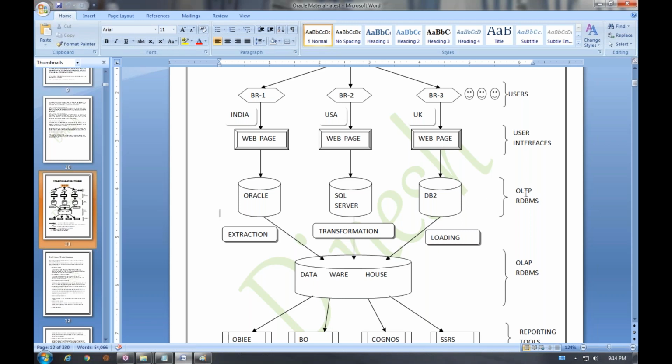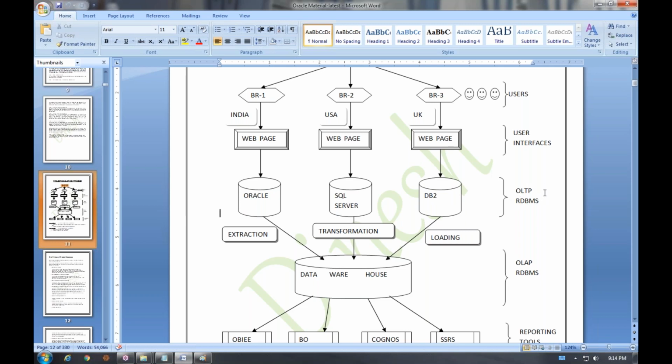It's known as OLTP RDBMS. What type of RDBMS? OLTP, Online Transaction Processing RDBMS. What is OLTP? Everyday data is saved in these backend databases.